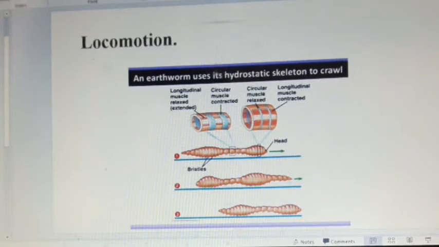Contraction of circular muscles transforms the prostomium into a conical wedge 1 mm in diameter at its tip. Contraction of body wall muscles generates coelomic pressure that forces the prostomium through the soil. During burrowing, earthworms swallow a considerable amount of soil.